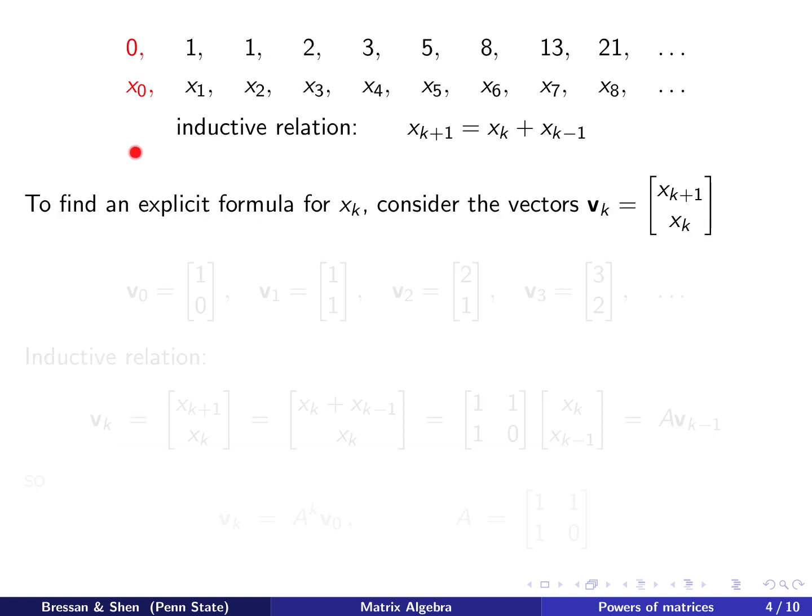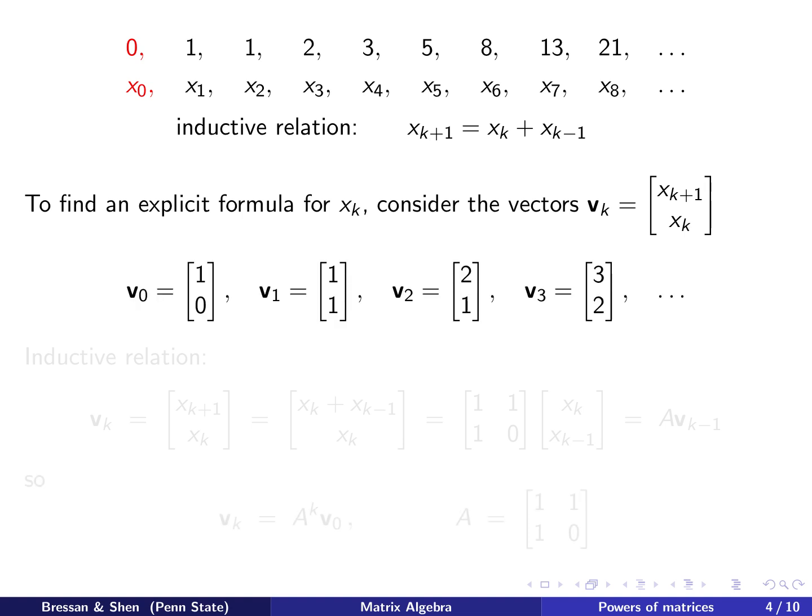So I repeat the highlight of the Fibonacci numbers here. We are now interested in finding an explicit formula for xk. And then, of course, we will go to matrices and vectors for help. Let's consider a vector vk, which is just collecting two sequential numbers in the sequence, so it will be xk plus 1 and xk in this particular form.